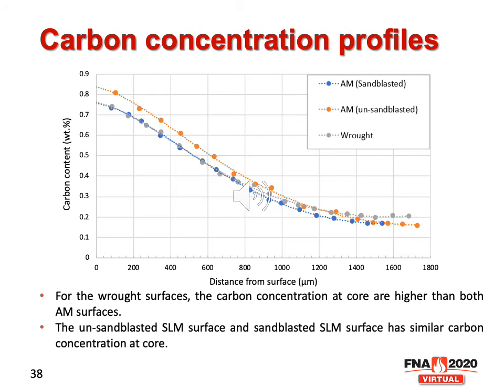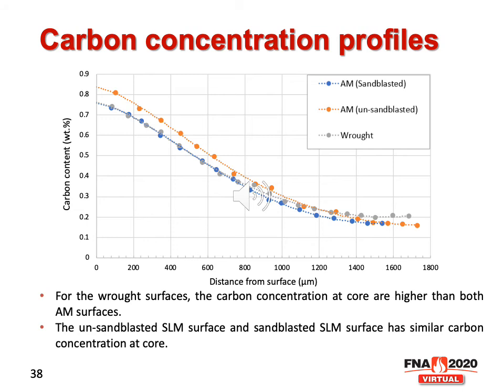So the carbon concentration profiles of carburized selective laser melted part and wrought parts are both measured in the present work. And we can see the carbon concentration at the core is higher for the wrought material, as we mentioned before, because the core is not affected by the carburizing process.